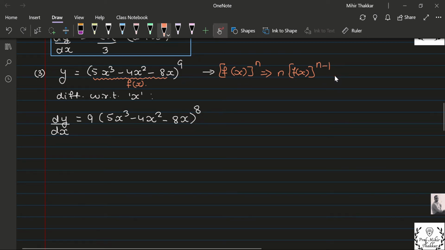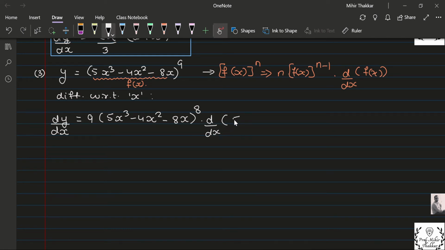So after this we have to again multiply it with derivative of f(x), you know that. So I get multiplied by the derivative of 5x cube minus 4x square minus 8x. So this entire element will come down same to same because there is no change as it is outside the derivative sign.